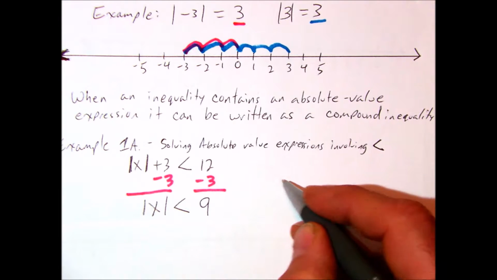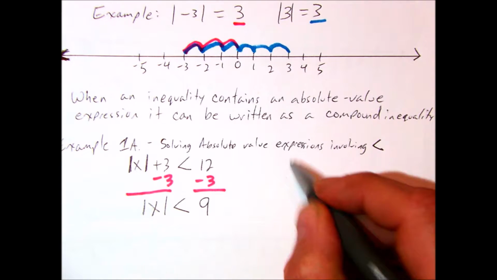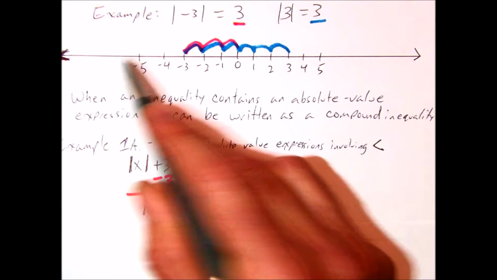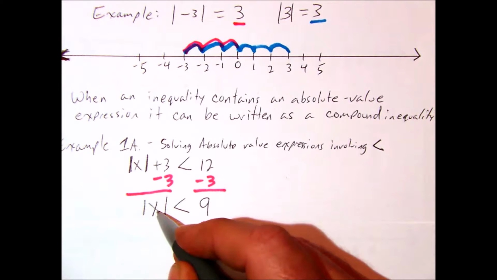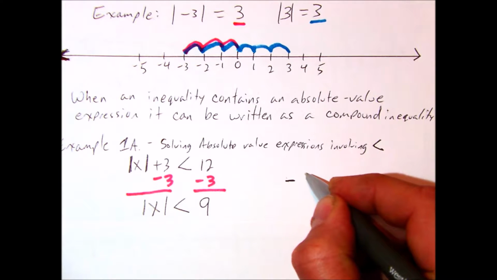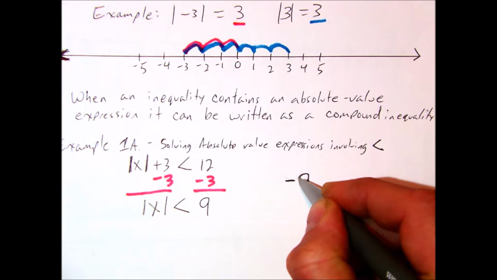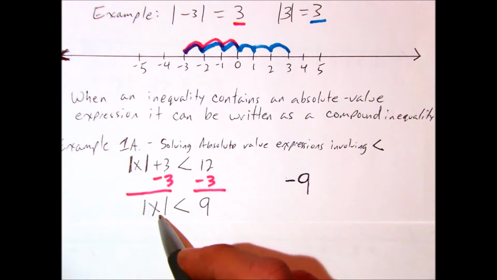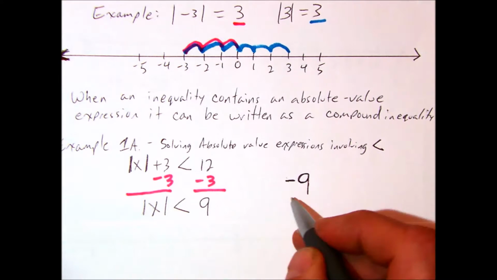So there's going to be a negative value and a positive value for x. So I'm starting on the left side of 0, on the negative side, so this value is going to be less than -9, or I'm sorry, greater than -9. So when we switch to a negative value, we're going to flip the sign.